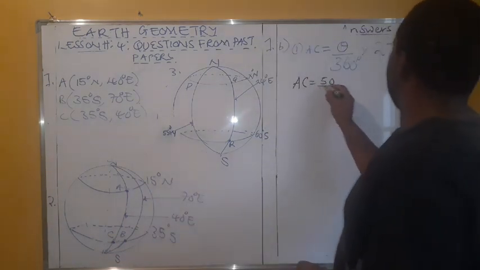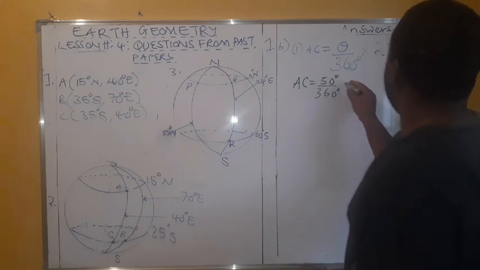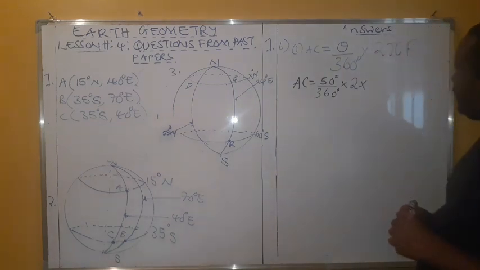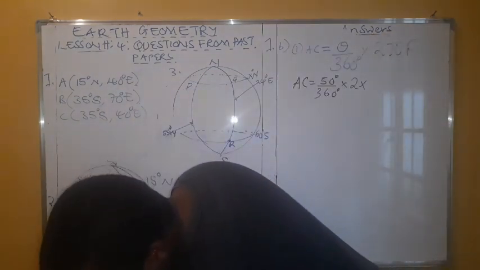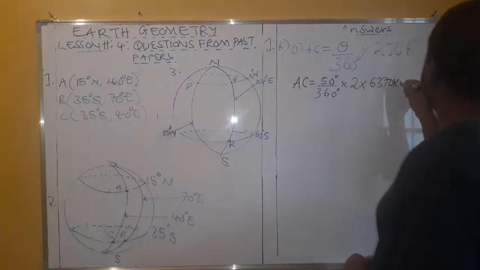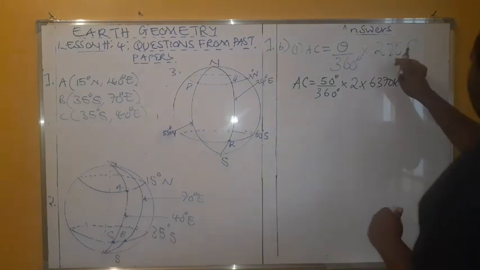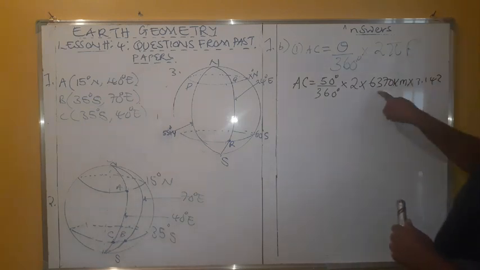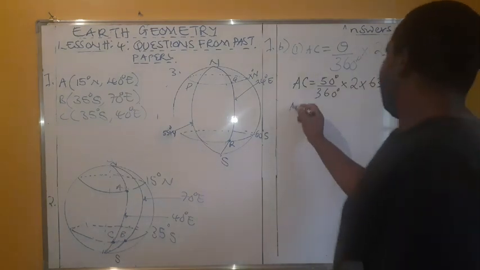So you have 50 degrees over 360 degrees times 2 times our pi, which is 3.142, and our radius is 6370 kilometers, because it has to be in kilometers. So you multiply here.